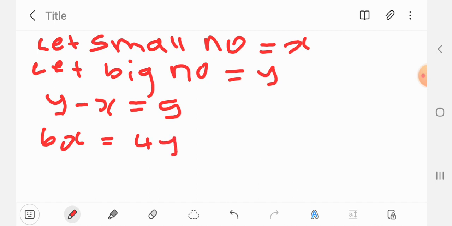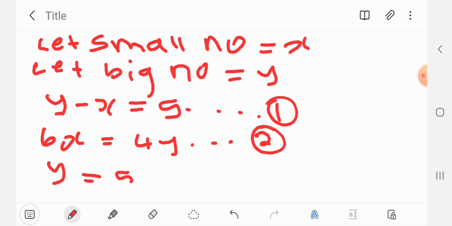That will be equation 2, and this will be equation 1. So we need to find either x or y as the subject of the formula. So we will say y equals 5 minus x. So where we see y, we will write 5 minus x. Write this step as I'm going to erase it so that we can go to the next one.